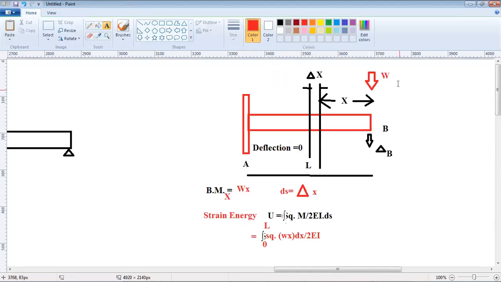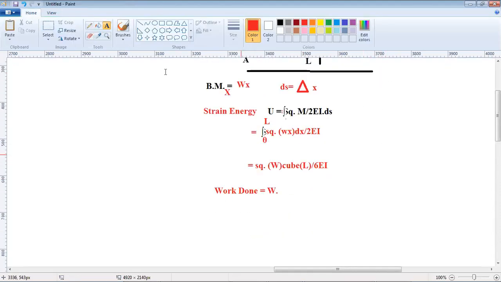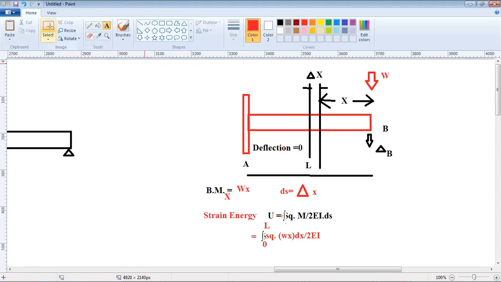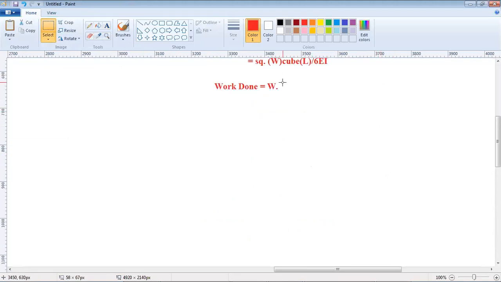So W into delta B is the work done, the amount of deflection that actually occurs due to this work. Because we are averaging it out, it's divided by 2.